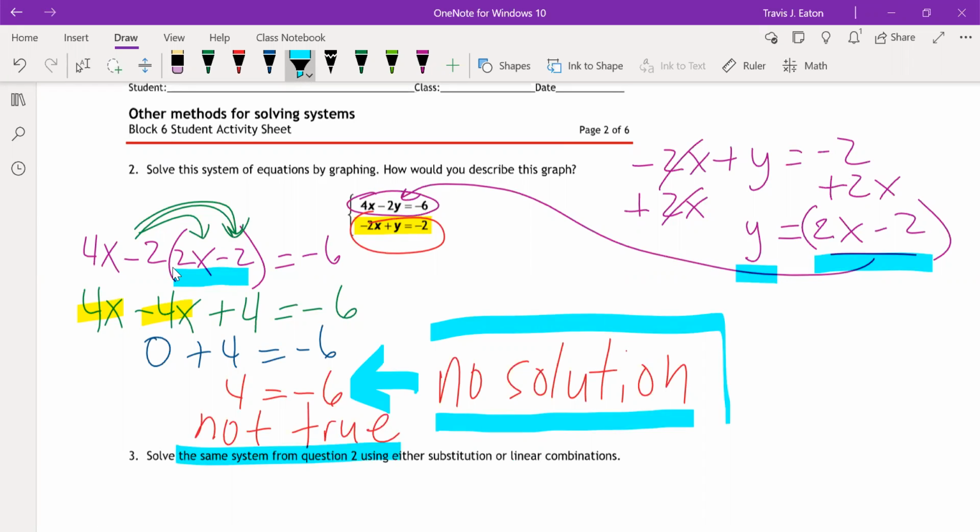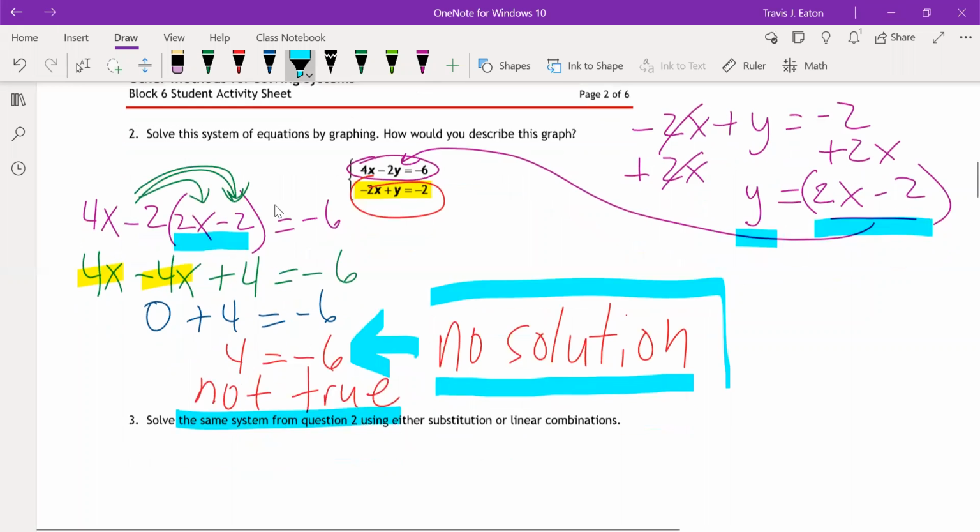When you come up with something obviously not true, a false statement, there is no solution. That means those lines never would intersect on a graph.